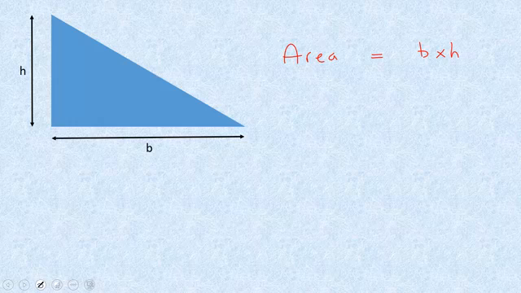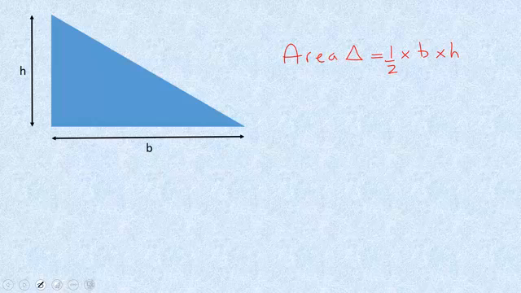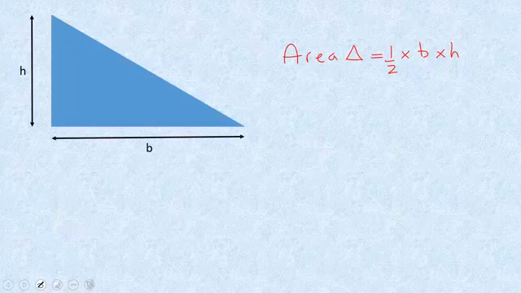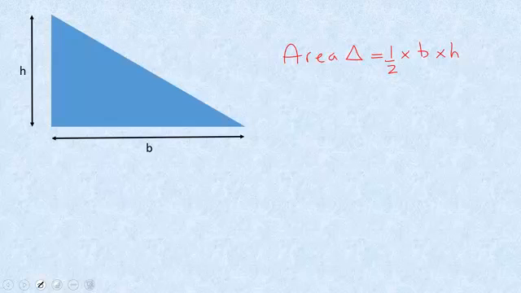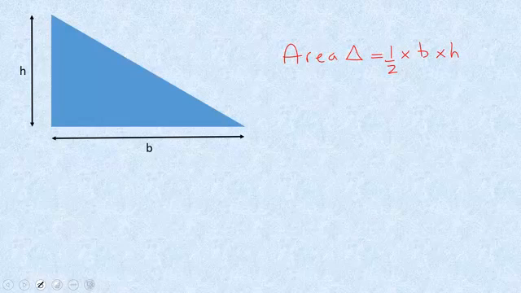And we saw that by taking half of it away, we were left with a triangle. And the area is obviously half as big now. So we could say our area of our triangle is a half multiplied by the base times the height. So make sure you copy that equation down. That's something we're going to need to know for the rest of the lesson.